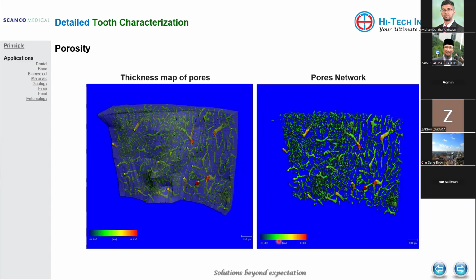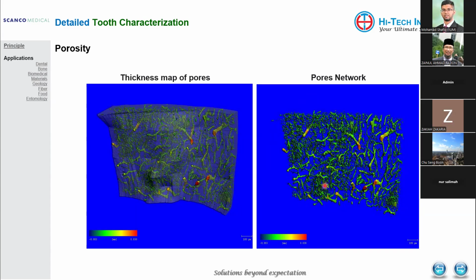You will expect the blue to be the thinnest connectivity, the networking, and the red colors are considered the thickest. So at one look, you can tell which area has a very thick network, and the rest are very thin networks.